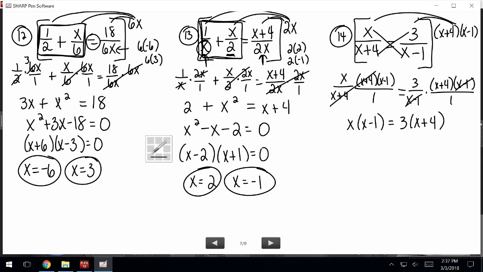You get the same answer. All right, so let's distribute. Let's subtract the 3x, subtract the 12, and that factors, wait a minute, did I do that right? Minus 3, yeah, that's right.